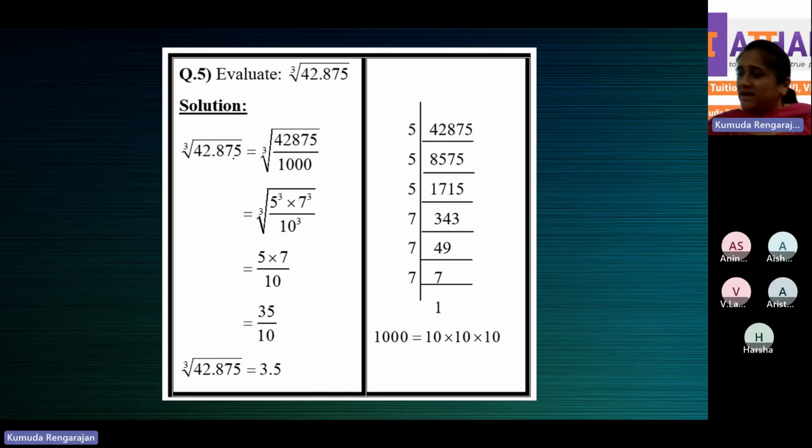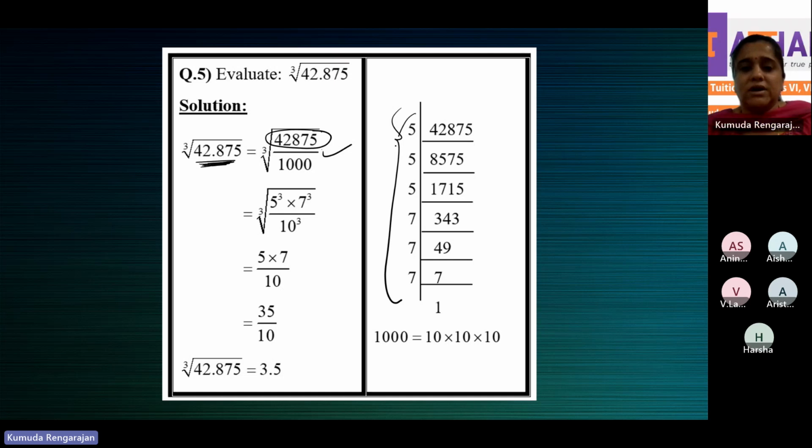Step 1, just a second. Let me just finish and come back to you. See, first step, this is a decimal number. This number has a decimal point. So let's move the decimal point and convert this number to a fraction. Then find the prime factorization of the numerator. This is the procedure. So cube root of 5 cubed into 7 cubed in the numerator.